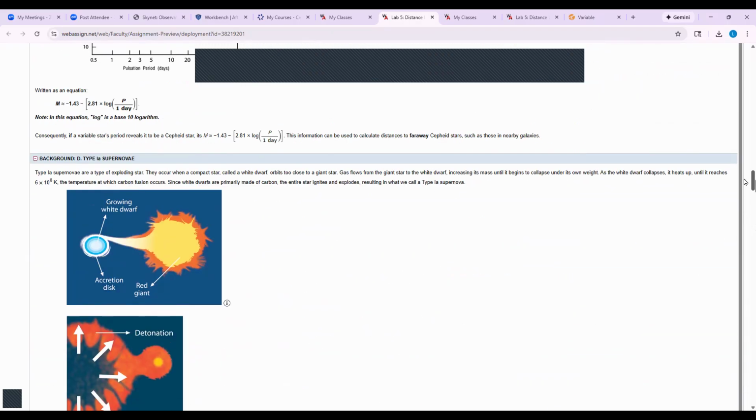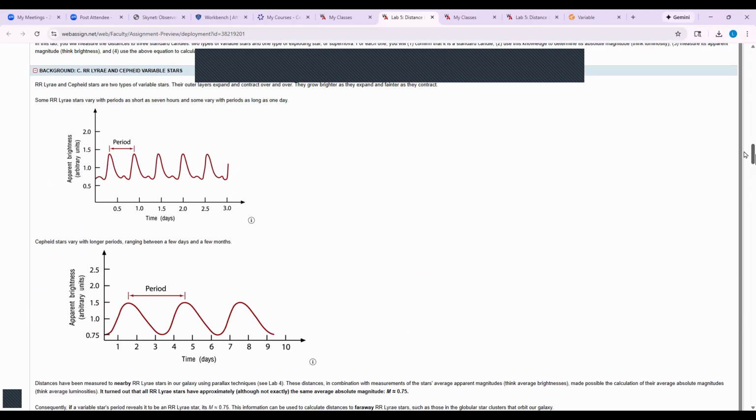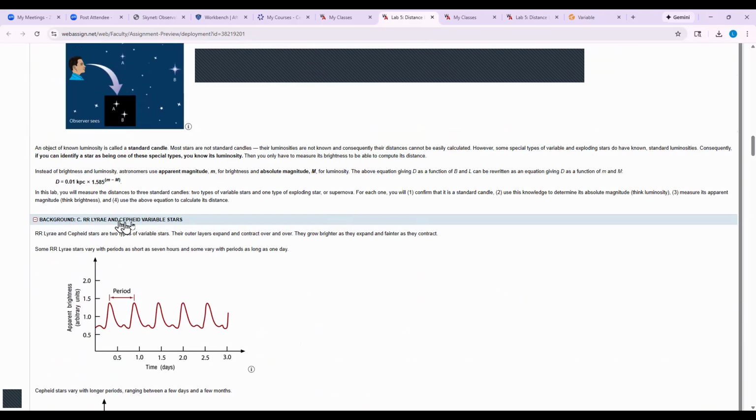Where was the formula? It's here. You see, M is going to be calculated based on the peak value here, and m is going to be calculated between the peak and the lowest amount here. And then D, we're going to calculate based on this formula.